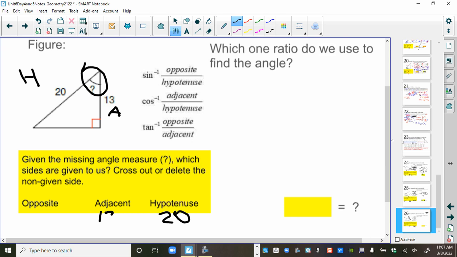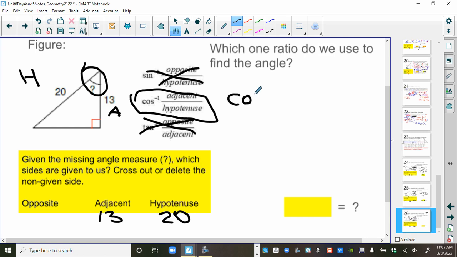So we need to use which one? You got to use cosine because since we have a hypotenuse, tangent's gone already. We have the adjacent. So we're automatically going to use the cosine. Cosine -1. Just put A over H.